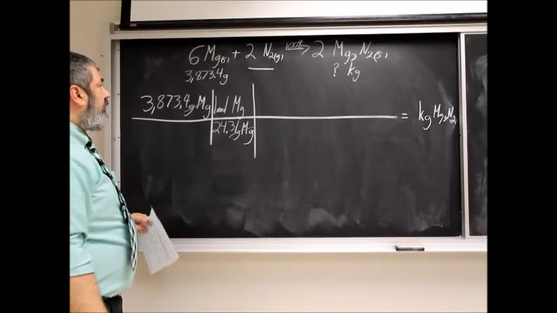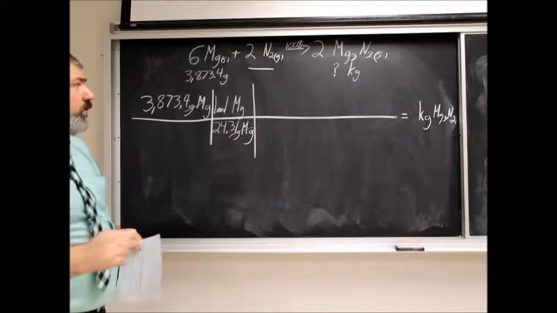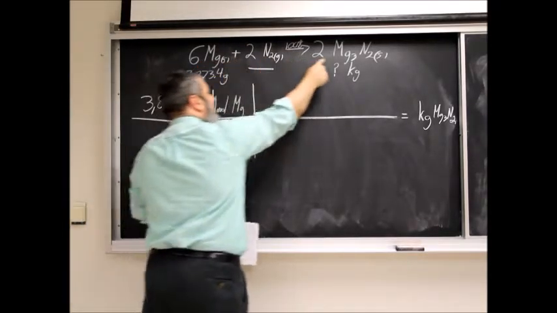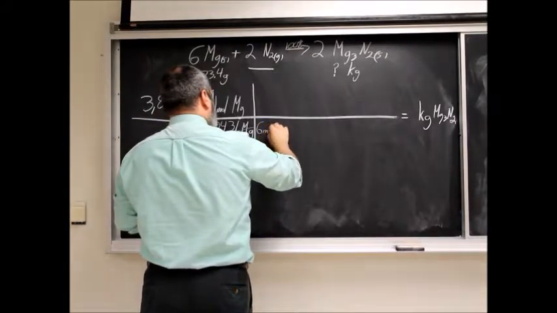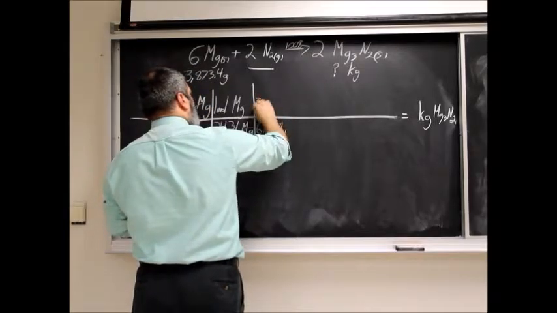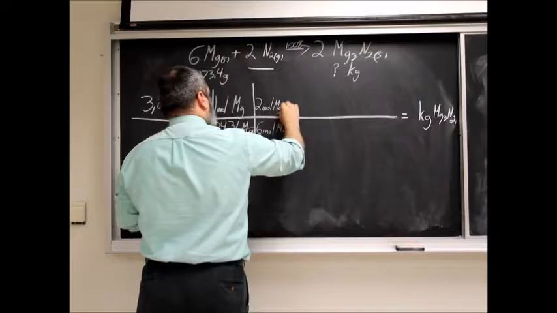Now we have moles. We want magnesium nitride, in kilograms, but first we have to get to it in moles. 6 to 2. So 6 moles of magnesium is equivalent to 2 moles of magnesium nitride.